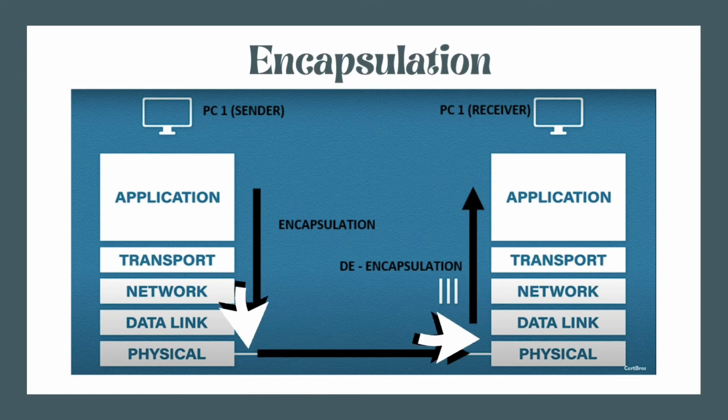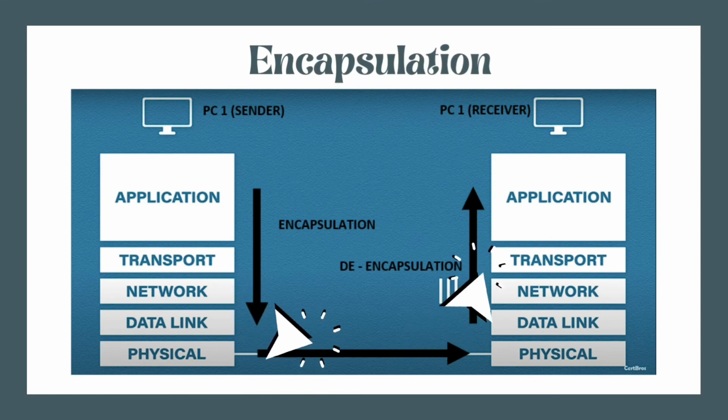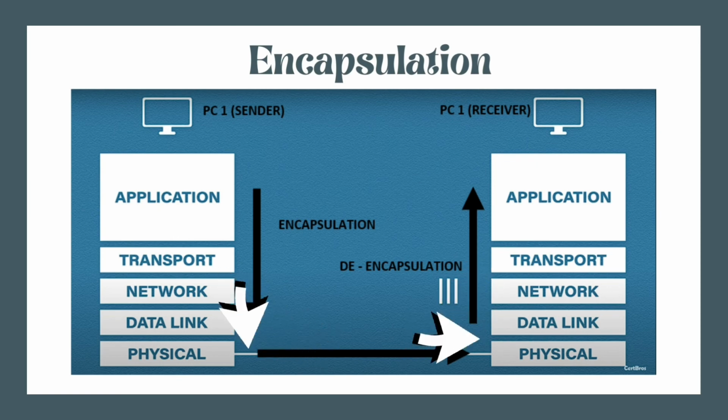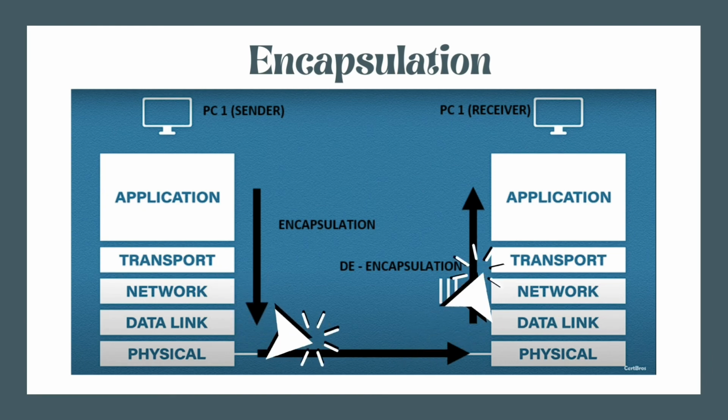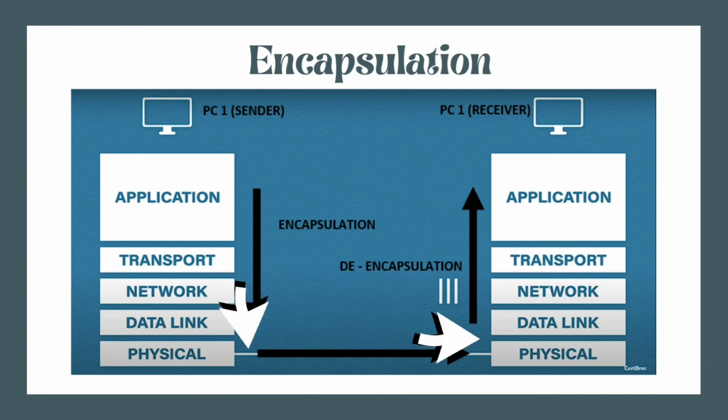Now, once data has been transmitted, the receiving computer decapsulates the information. It will check the destination MAC address for that frame, and if the frame is destined for our computer, it's processed further. The computer then checks the IP information of the packets, the transport information is read, and the application data is sent to the receiving application.